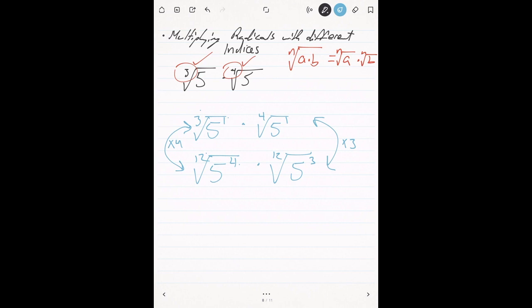So if I had the 12th root of 5 to the 3rd, that's in the same proportion as the 4th root of 5 to the 1st. Hopefully you're seeing how these proportions work. It's like 1/4 here and 3/12. It's also like 1/3 and 4/12 over here. So hopefully you're seeing these proportions.